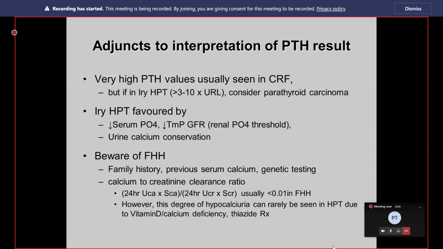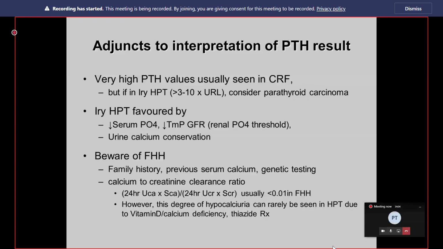But if they have primary hyperparathyroidism and the PTH is, in our lab, we would say if the PTH is about 30 or 40, then we tell the doctors in our comment to consider parathyroid carcinoma. If it's less than 30 or 40, then it's more likely to be benign primary hyperparathyroidism.